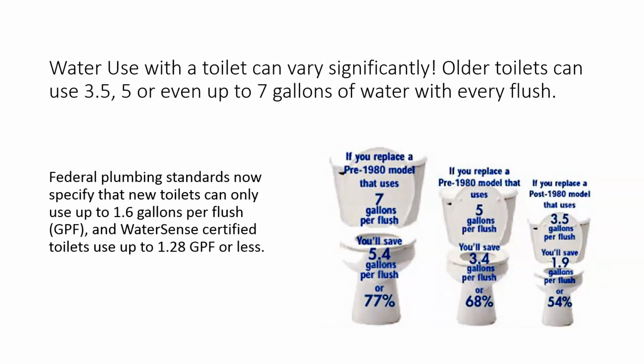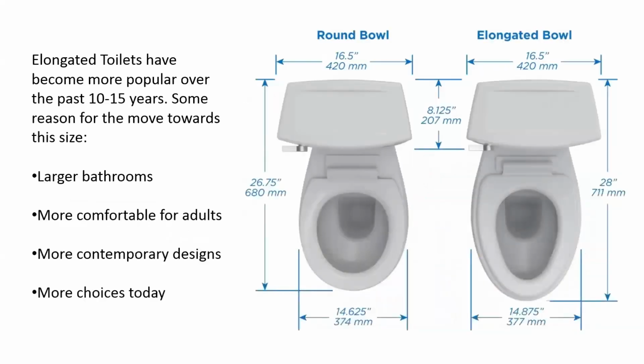And with new standard toilets today, federal guidelines and code being 1.6 gallons per flush and WaterSense certified toilets using up to 1.28 gallons per flush, you can see there how much you could really save on water use and your water bill for the client by switching out a toilet or making sure that a toilet that you choose is going to be not only efficient, but also using great environmental standards.